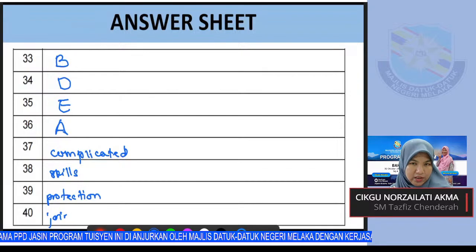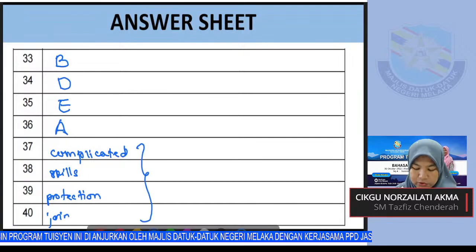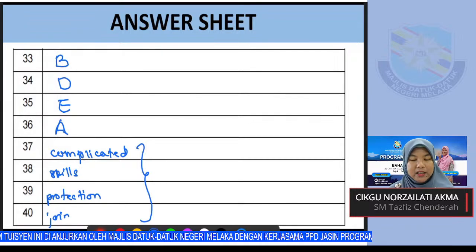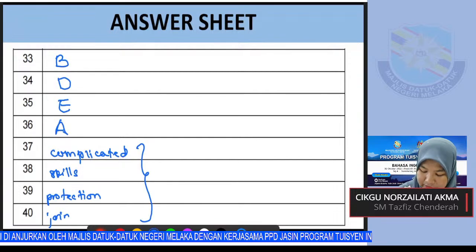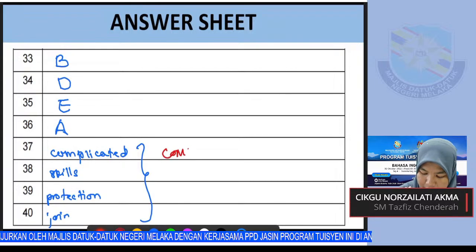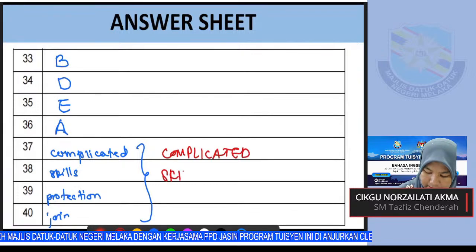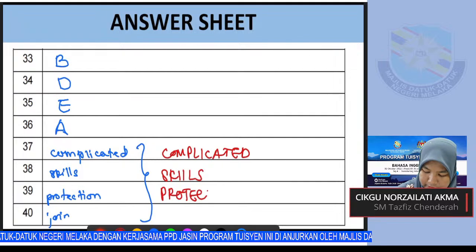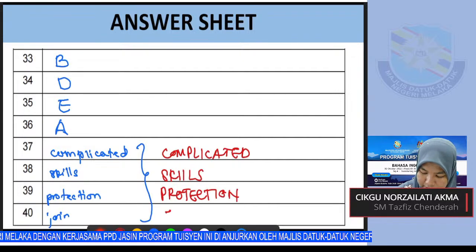Now I would like to ask you about a situation. What will happen for questions 37 to 40 if you suddenly write your answer in uppercase? Uppercase means capital letters. Complicated, skills, protection, join.